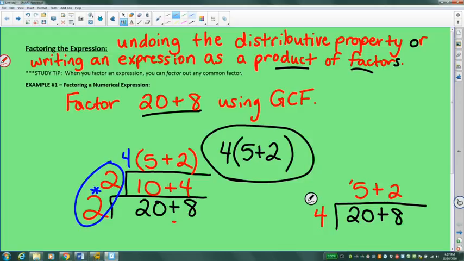No. So I put parentheses around 5 plus 2. Whatever numbers are on the side, I only have 1, so I just bring it straight up. That's the number in front of the parentheses, or the present. And notice that 4 times the quantity 5 plus 2 is the exact same thing that I got when I took out 2 twice. Okay? I factored. It doesn't matter whether you take the greatest common factor out right away or whether you take a couple common factors until you have nothing left to take out. Okay?